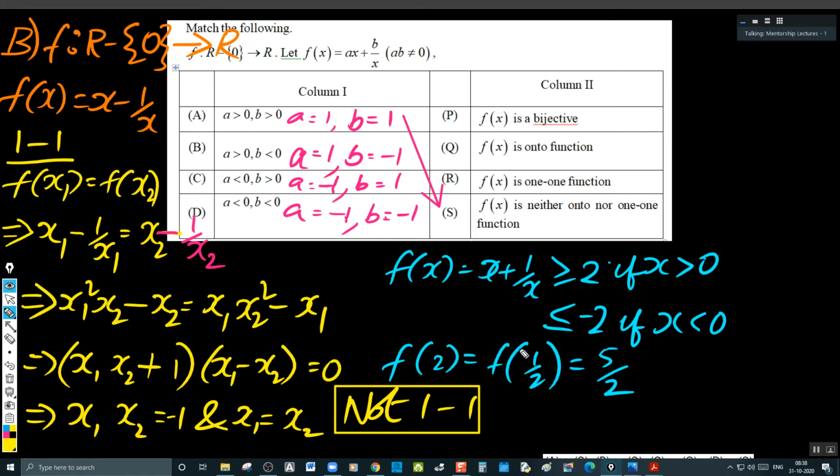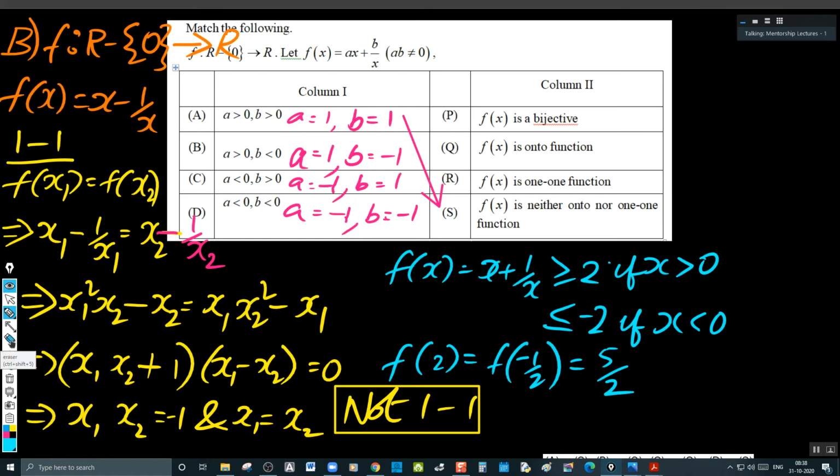That means you have to understand that if you take the values like previous, f of 2 and f of -1 by 2, you know what will it be? 2 plus 1 by 2 is 5 by 2, and minus 2 plus 2 minus 1 by 2, 2 minus 1 by 2 is 3 by 2, and minus 1 by 2 plus 2 same.